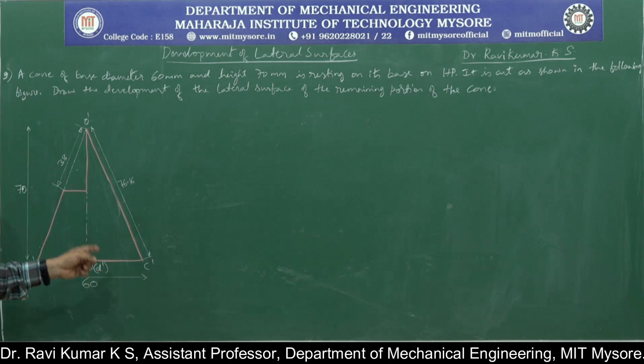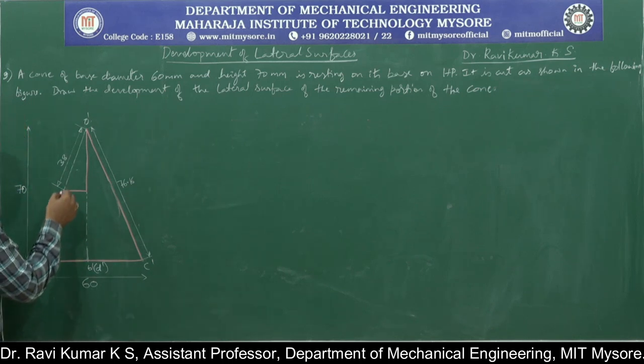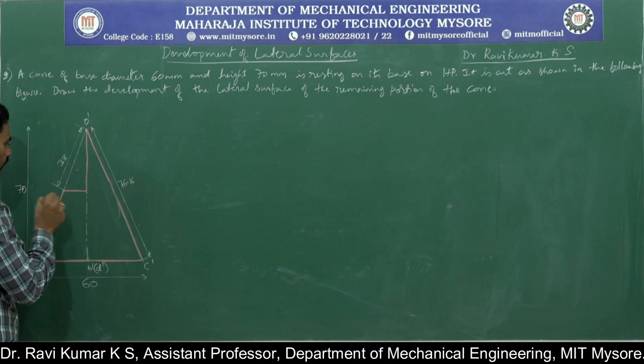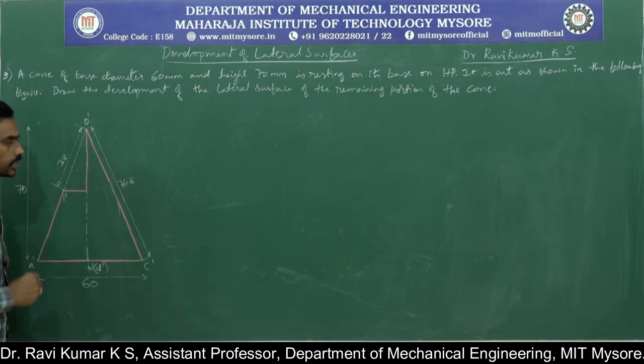Okay, so this is the front view of the said image. Now to name the point where the section plane cuts the generator, the generator O dash A dash is cut by the section plane at this point. This point is called 1 dash.